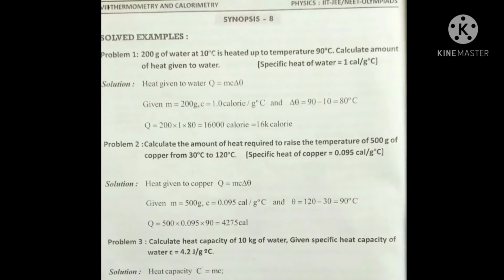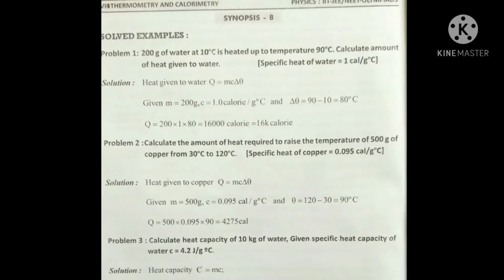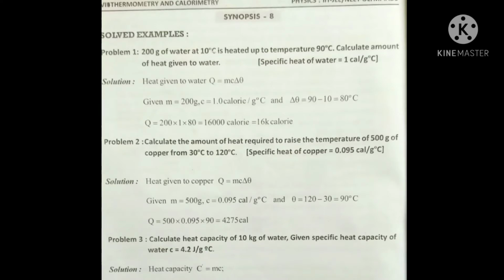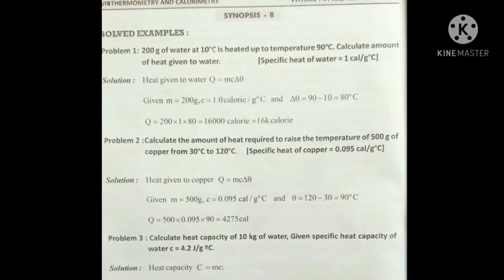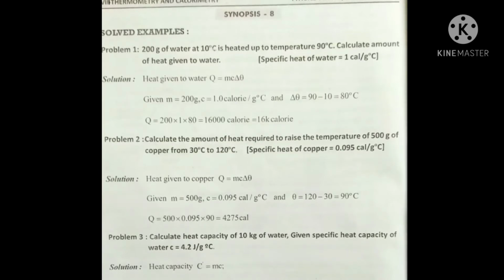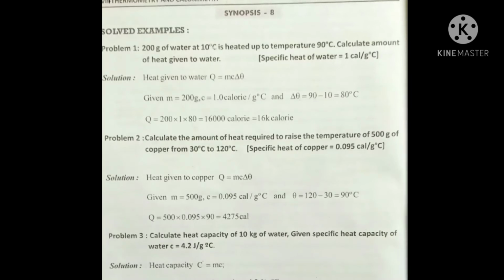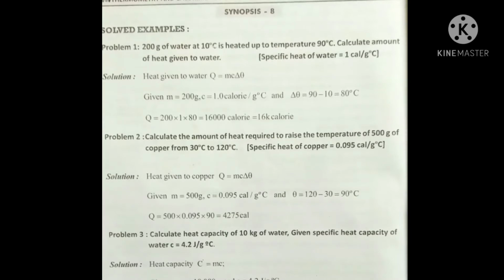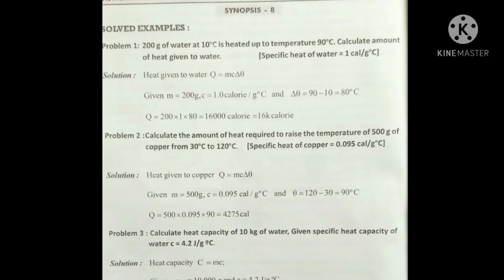So here we have to find the quantity of heat required. Q is equal to the formula mc delta T: mass of the body, specific heat, change in temperature. Here the mass of the body is 200 grams, specific heat is 1 calorie per gram degree centigrade, and the temperature changes from 10 degrees to 90 degrees centigrade.